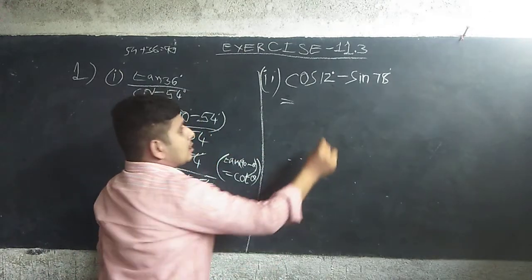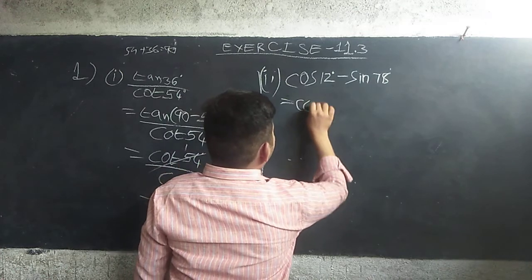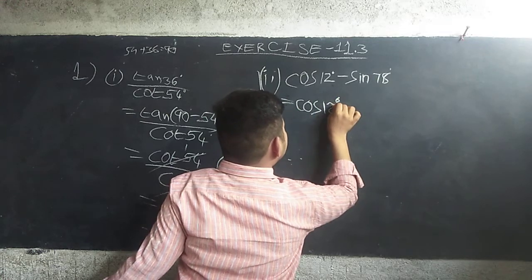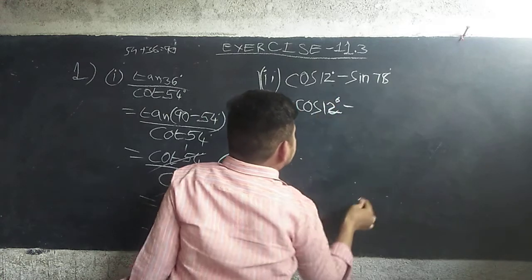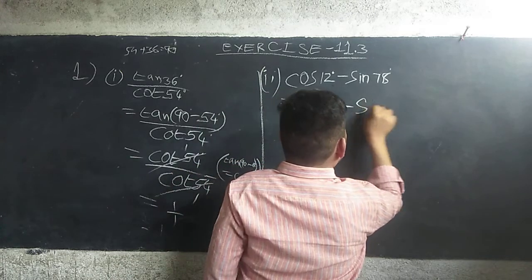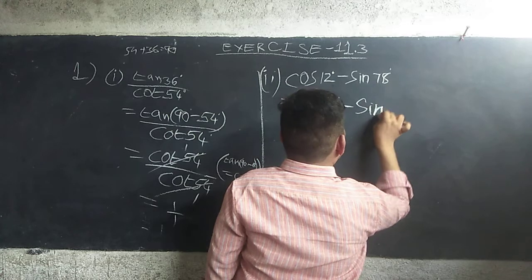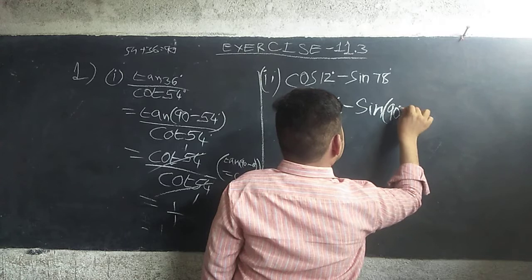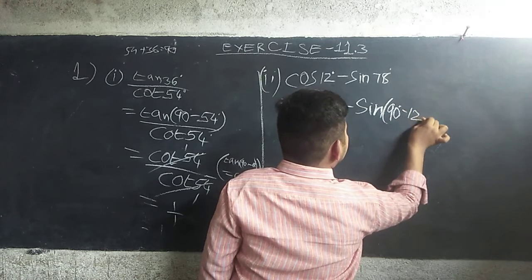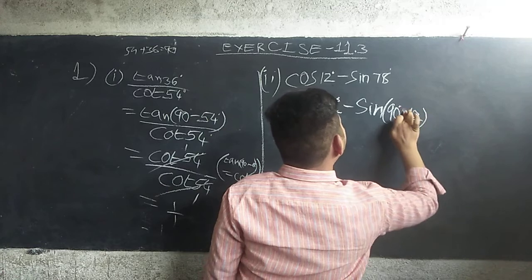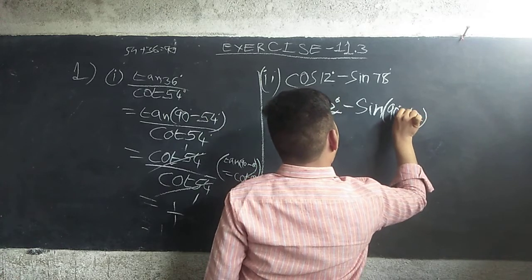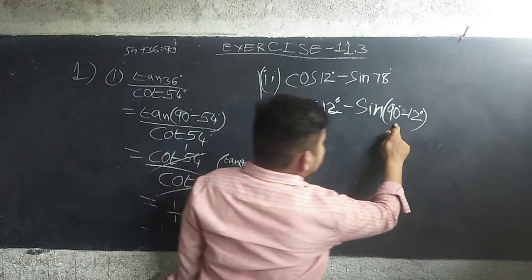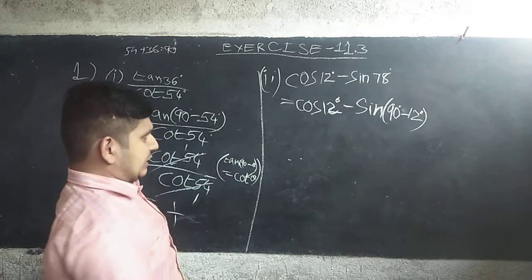That is nothing but cos 12 degrees minus sin of 90 degrees minus 12 degrees. Now 78 can be 90 minus 12. Now see here.